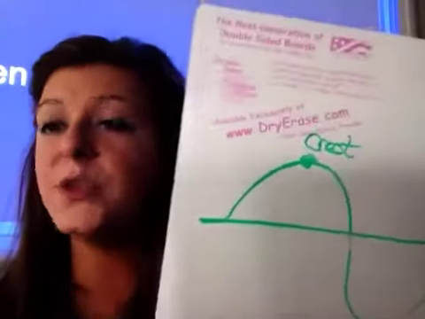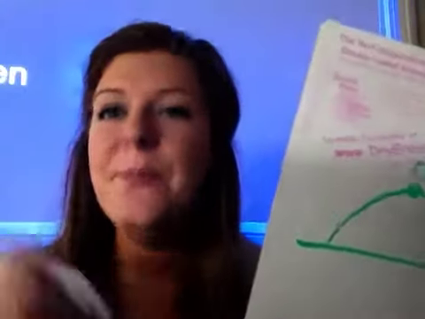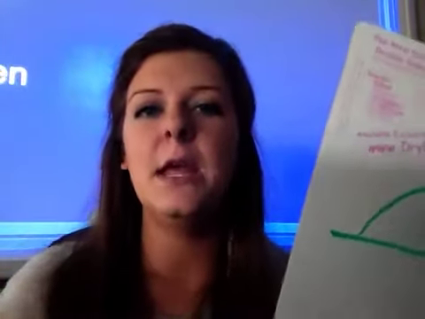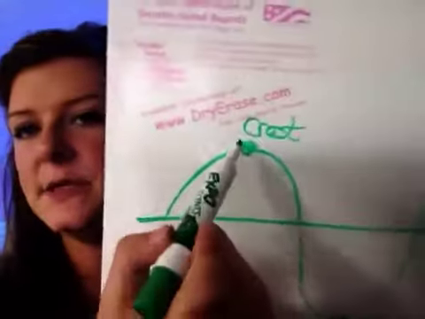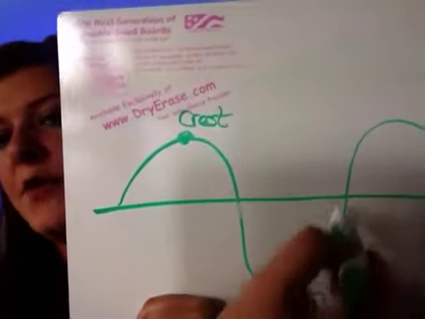But we want to label what the wavelength would be. The wavelength is where I can start having a repeating unit, or a repeating wave. So once I get from this crest, I move down, go to the trough, and then I move back up and I've reached another crest.